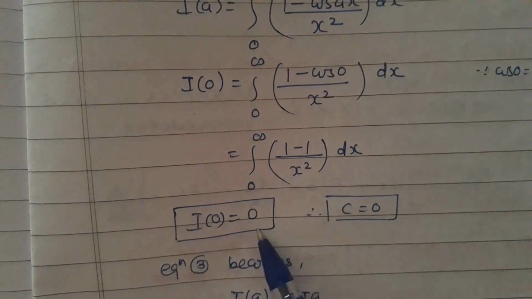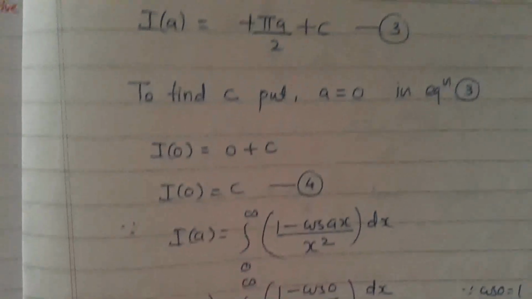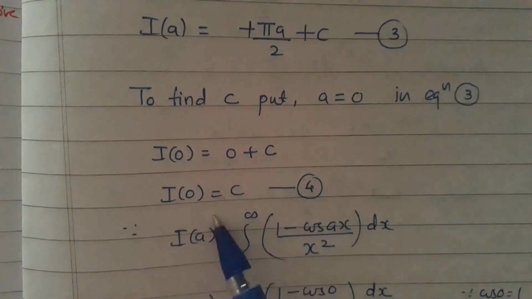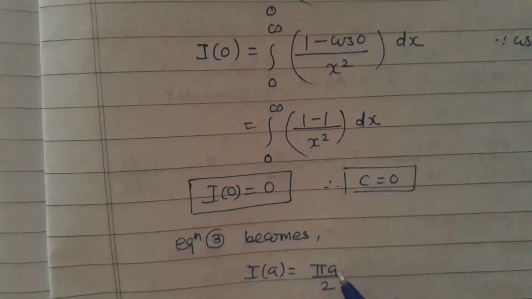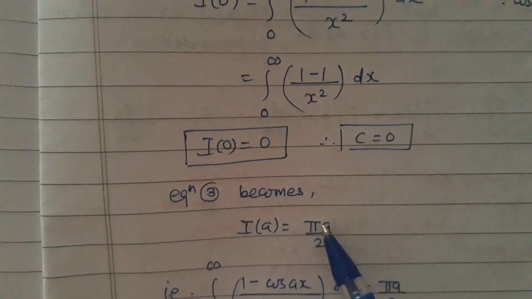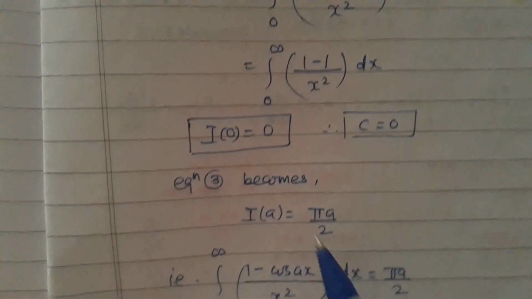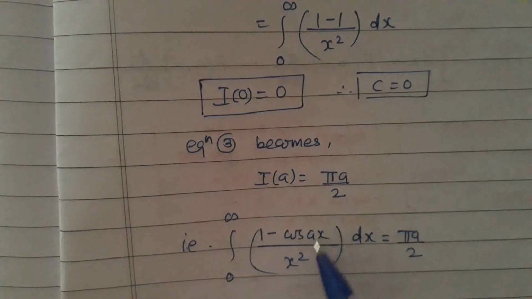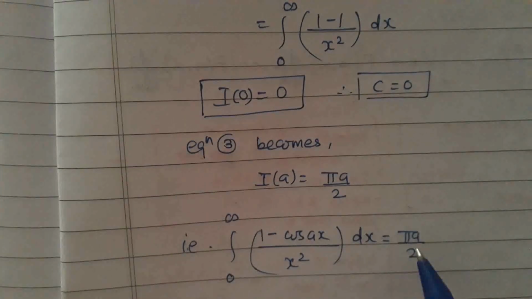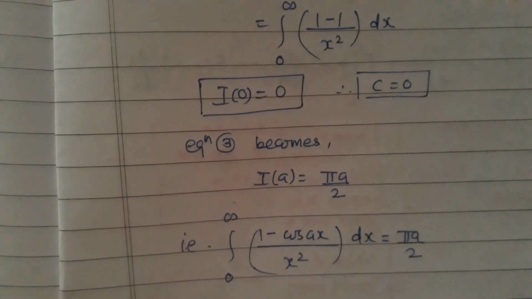If I of 0 is equal to 0, c becomes 0, and this equation number 3 becomes I of a is equal to pi a upon 2. So therefore the value of integral 0 to infinity (1 minus cos ax) upon x square dx is equal to pi a upon 2.